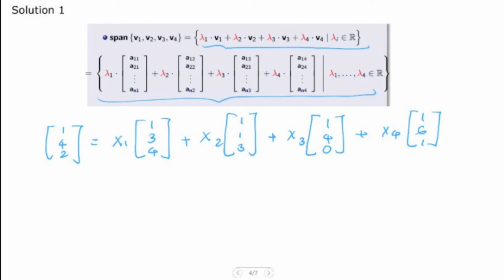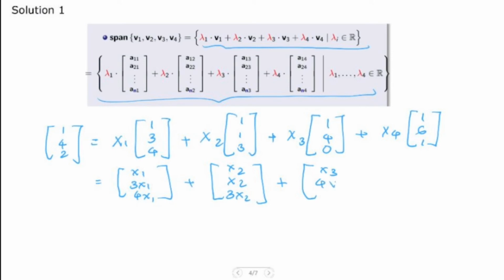So here, if you try to put the x inside the vector, it would be x1, 3x1, 4x1, plus we have here x2, 3 times x2, plus x3, 4 times x3, 0 times x3 is 0, and then we have here 1 times x4 is x4, 6 times x4, and 1 times x4.